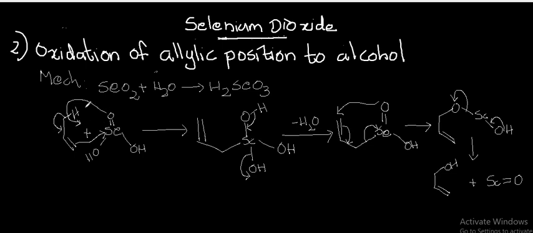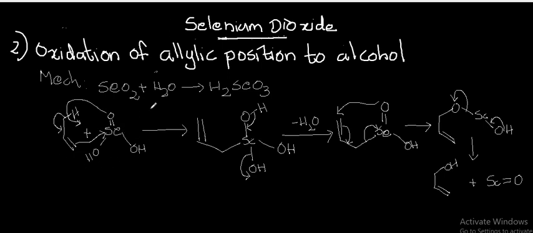This oxygen will attack hydrogen and this bond will shift to this bond and the double bond will attack selenium. This is a very familiar reaction to you, that is an ene reaction.